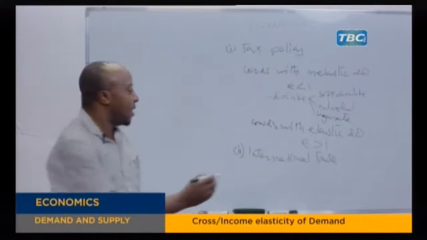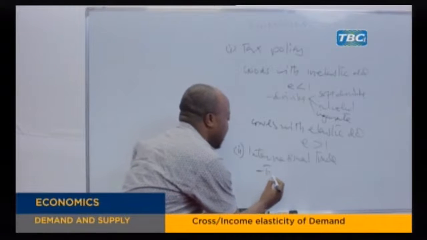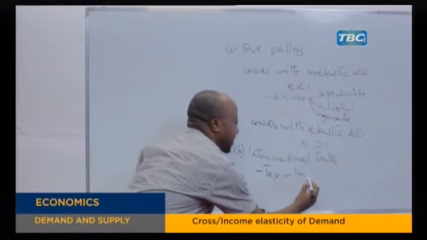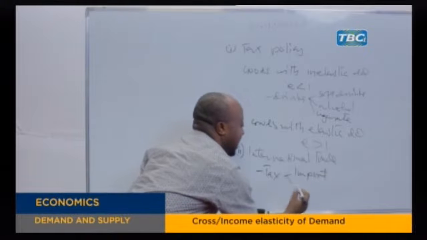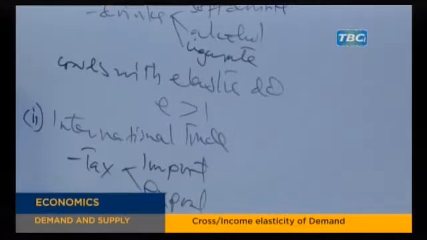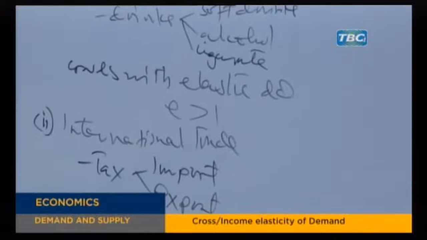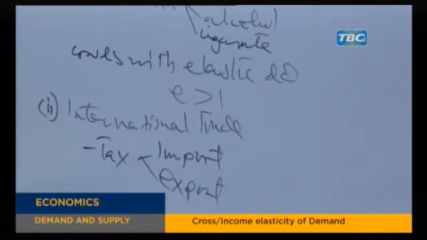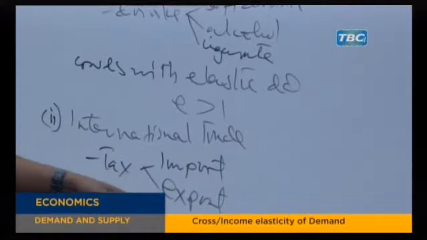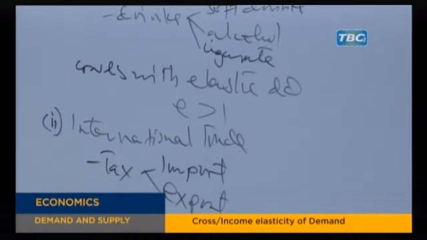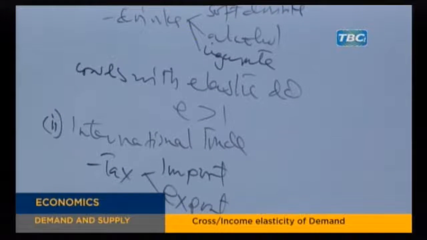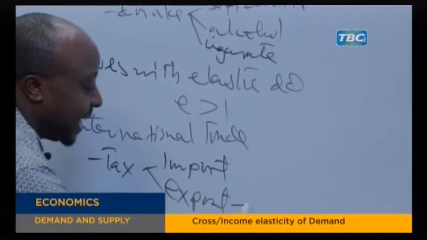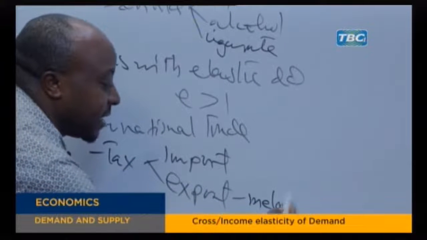Now, for example, we want to talk about tax. We have import and export. It means the government has to set tax policies by considering elasticity for both import and export. For example, if the demand for export, let's say, is inelastic.